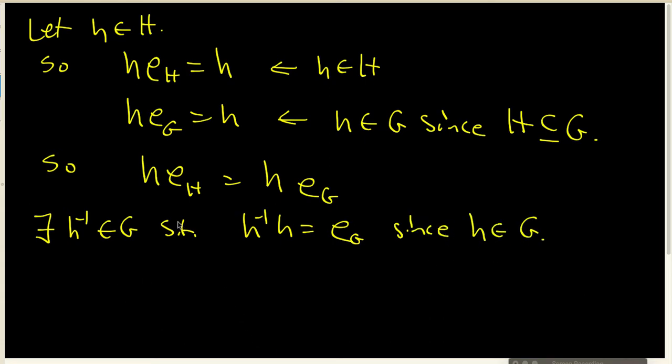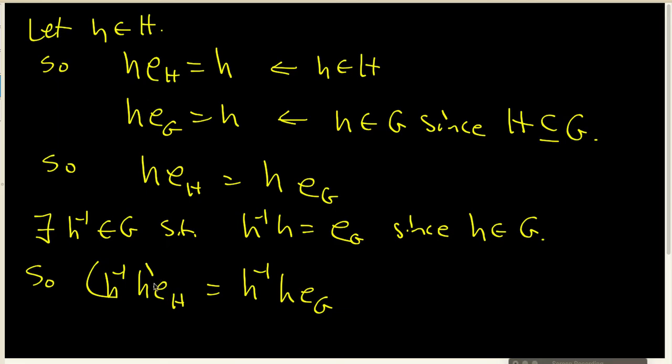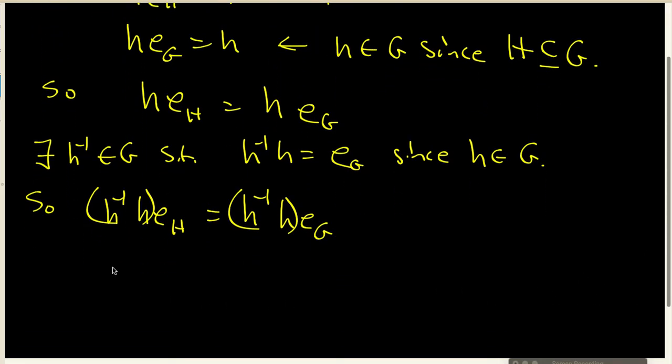So I'm going to pre-multiply this equation by h inverse. So we now have h inverse h e_H is equal to h inverse h e_G. And we can stick the parentheses in those places. And when we do, we get e_G times e_H is equal to e_G times e_G. Well, this particular thing, I know that that's just going to be an e_G, but I have to think about this.